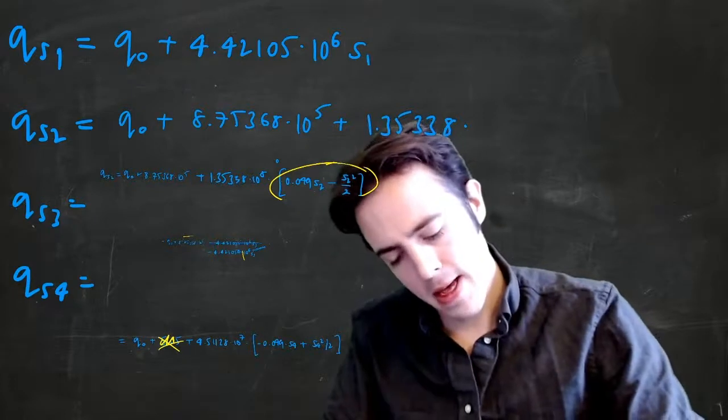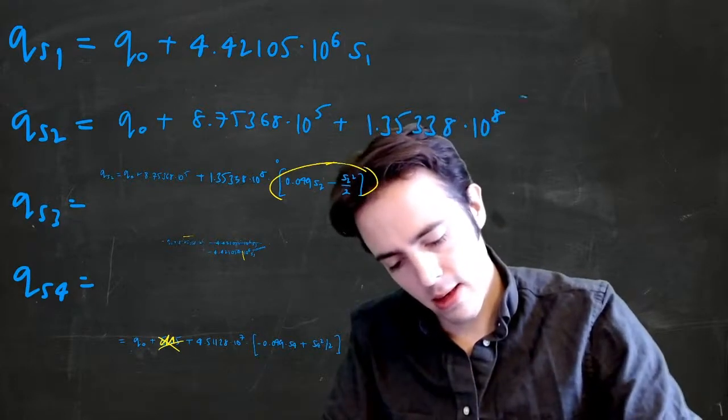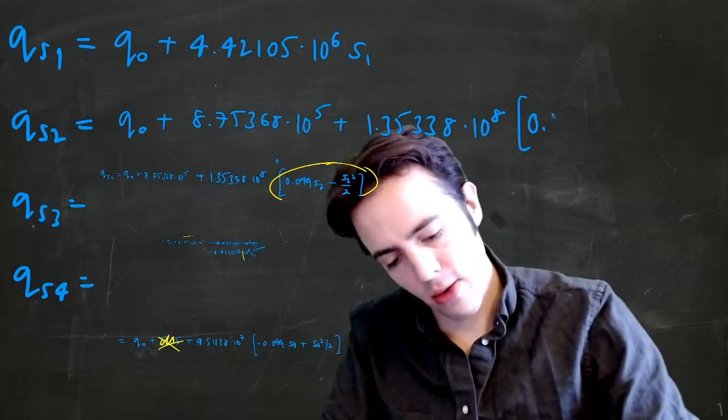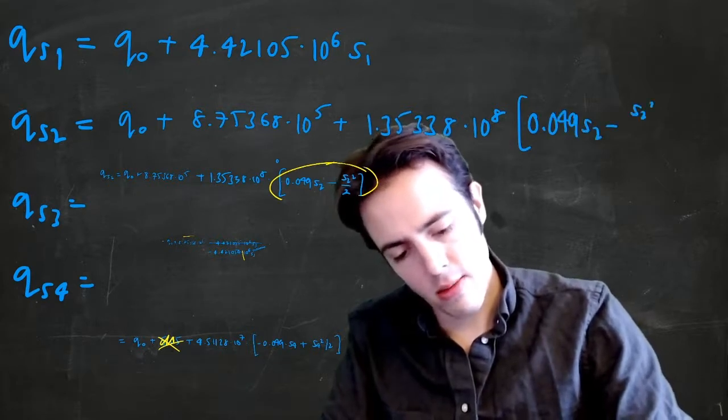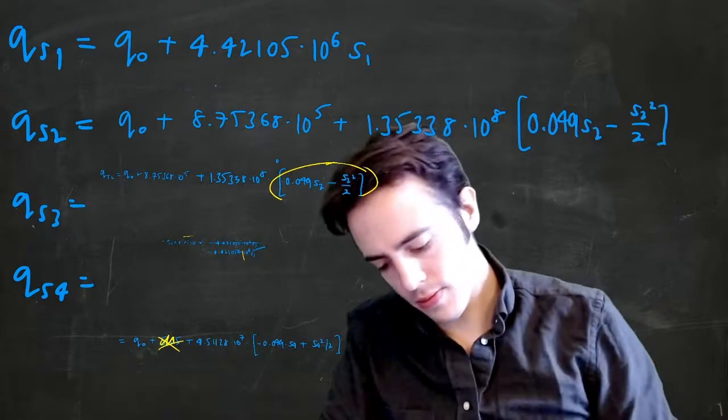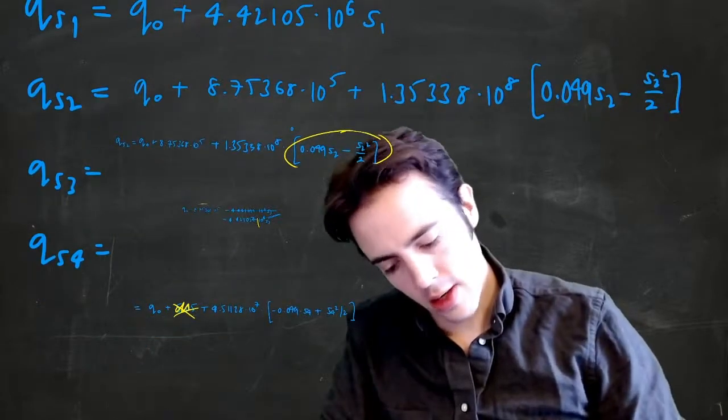Yeah, it is the correct number. Multiplied by 10 to the 8, multiplied by 0.049 S2 minus S2 squared on 2. I'm going to erase this one.